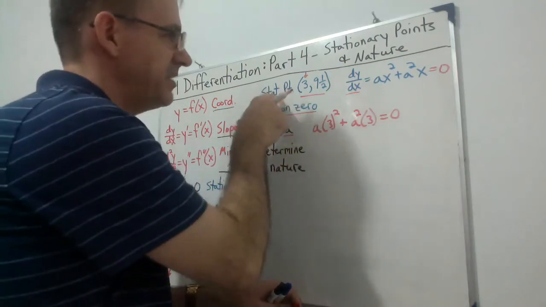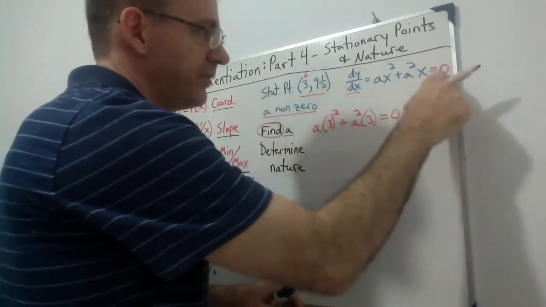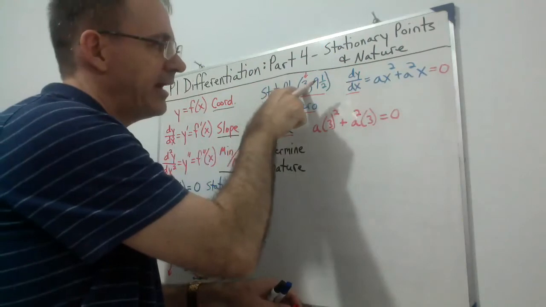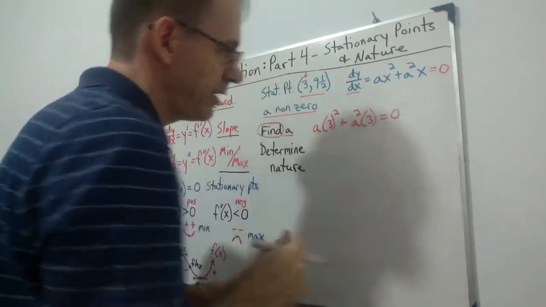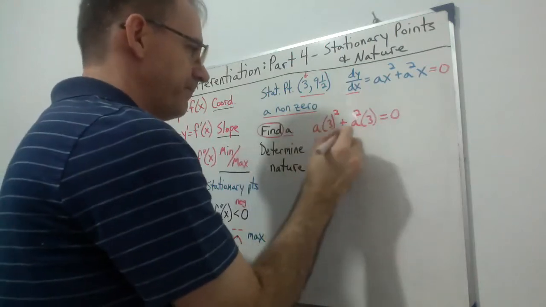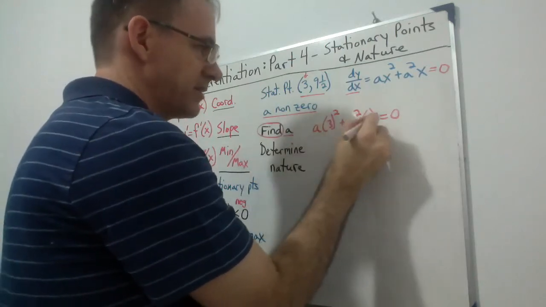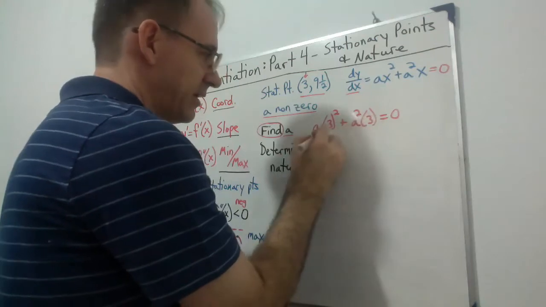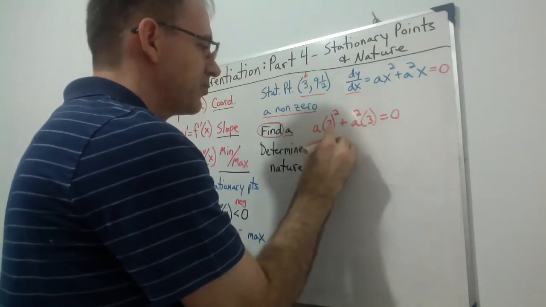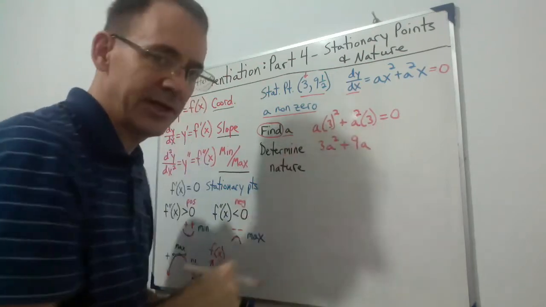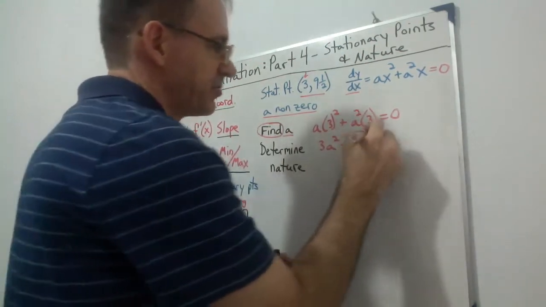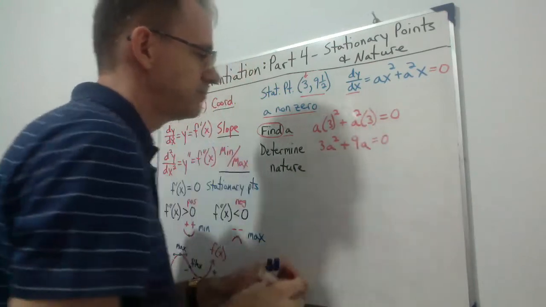So because stationary point is where first derivative equals 0, and we already have the x coordinate of the stationary point, we plug that in. So now we get 9, actually if we do this first, we get 3a squared plus 9a. So I just put it in decreasing exponential order, equals 0.